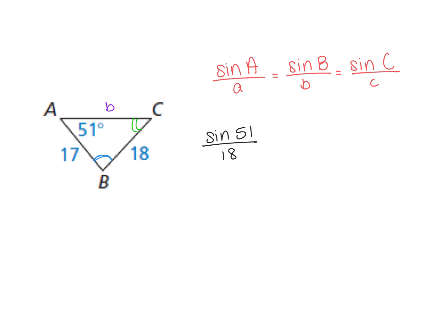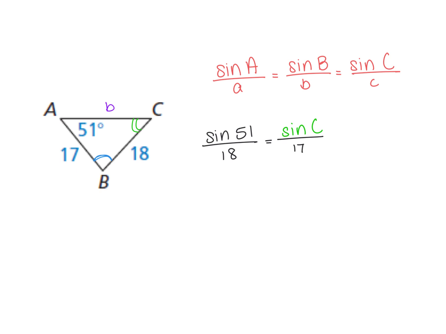So this is equal to, I'm going to put my angle on top, sine C, because again, I want my variable on top, over what's side C? Is it 17 or 18? Good, it's 17. So how do I get sine C by itself? How do I get rid of that 17? Good, I have to multiply.